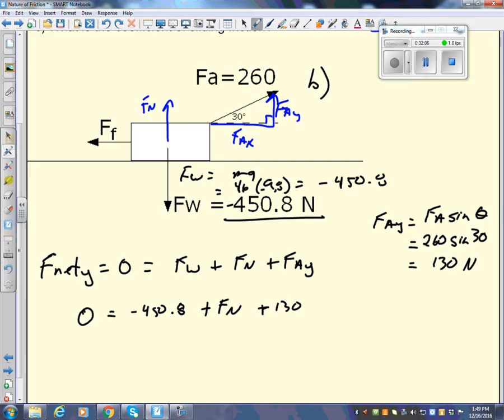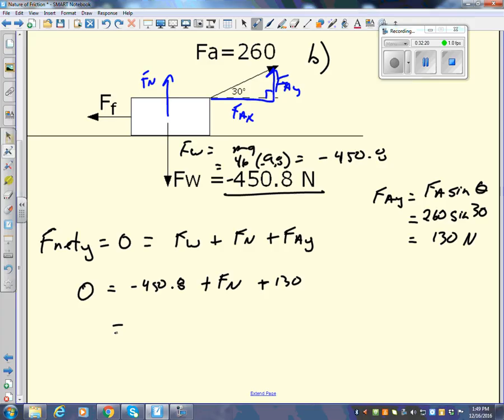So I'm going to put that plus 130 in right there. So my F net y, my total y forces are my FW, my Fn, my FAY. The FW is down, it's negative. We don't know the Fn, and the FAY is up, and it's 130. And now to get my Fn, I'm going to leave Fn on this side. I'm going to take minus 450.8 to the other side, and it's going to become positive 450.8.